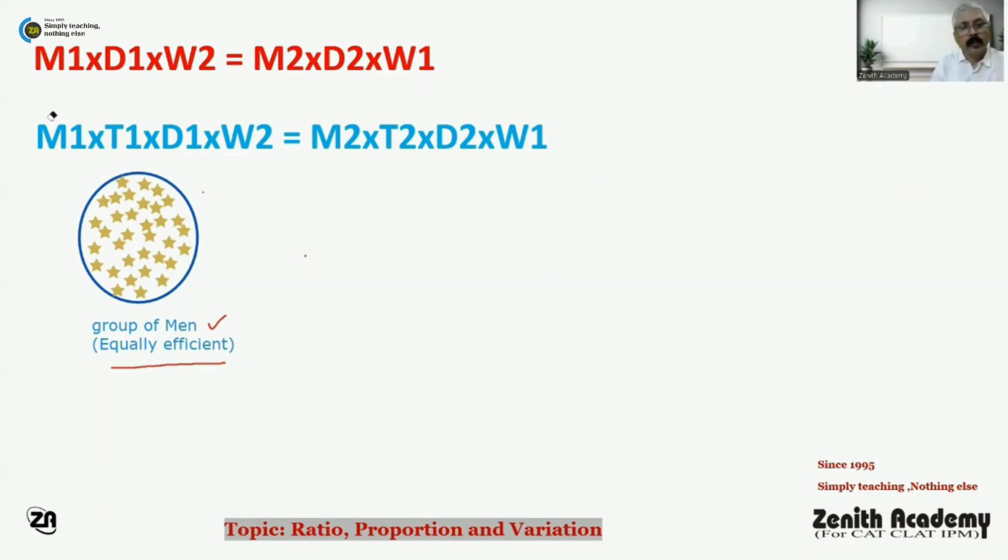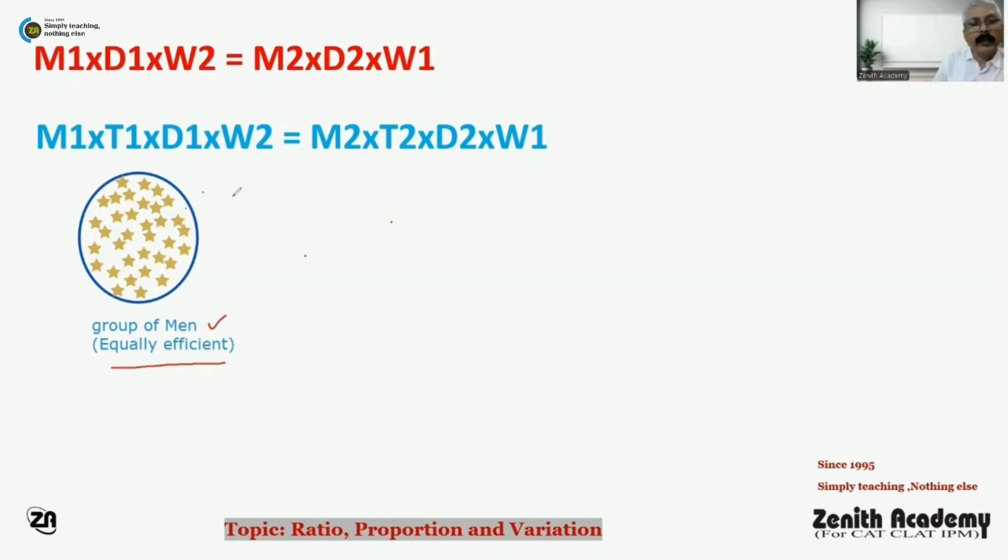So here is a group of men, and all men of this group are equally efficient. If a man can do a piece of work in 10 hours, then any other man of this group will finish the same piece of work in 10 hours. So all men of this group are equally efficient.